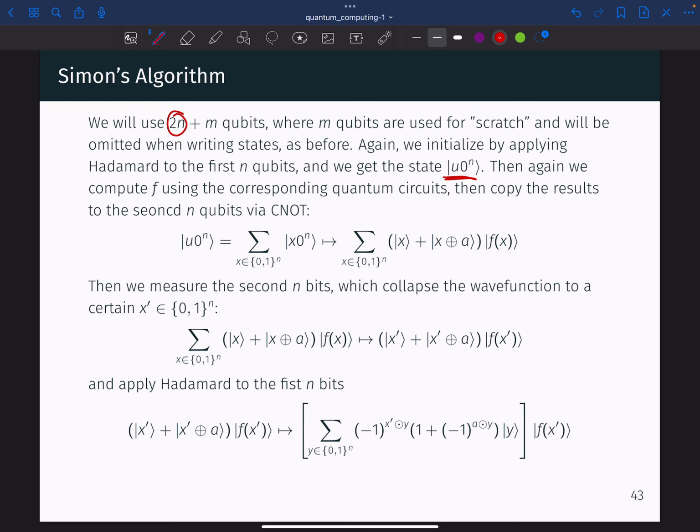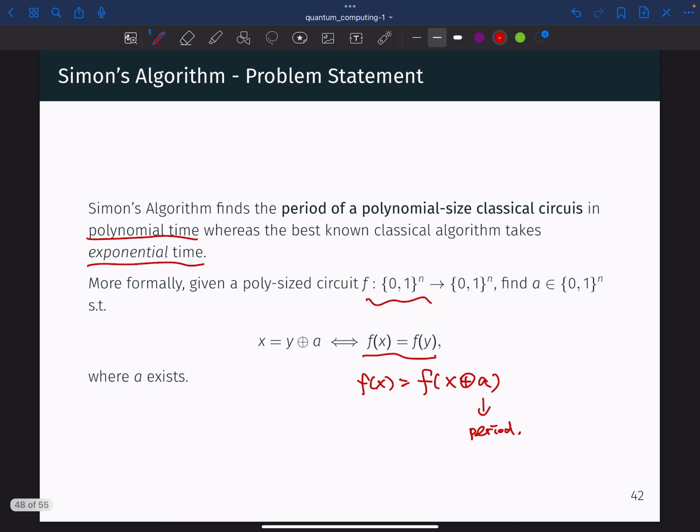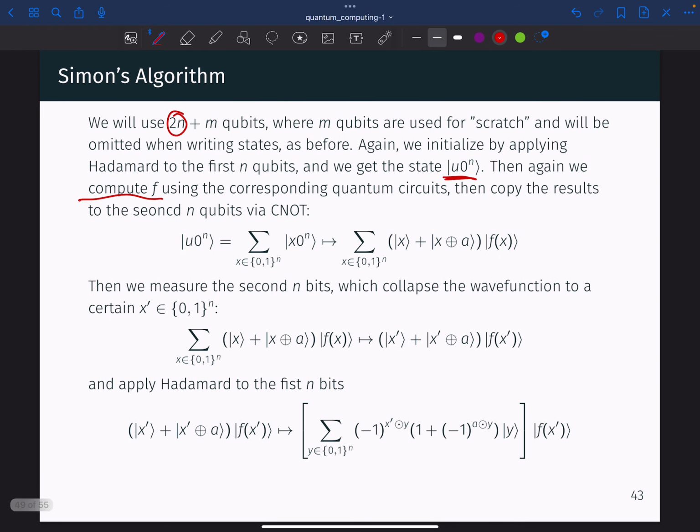And then we'll do the parallel step, very similar. We have the quantum circuit for f, and then we run that on the first n qubits. So this is effectively searching over all possible inputs. Then we add it to the second n qubits, because we have assumed that this is an n bit to n bit operation.